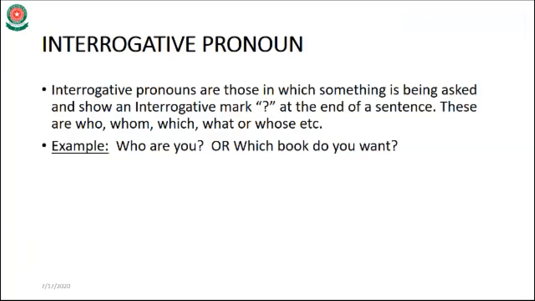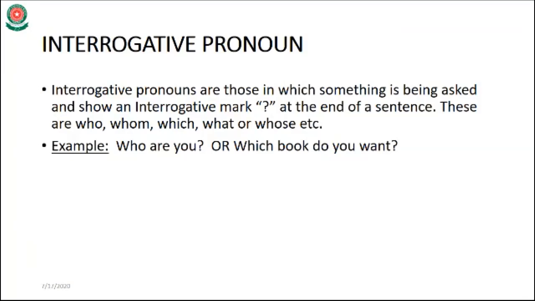The easiest type of pronoun is interrogative pronoun. The symbol used in interrogative pronoun at the end of a sentence is the question mark.